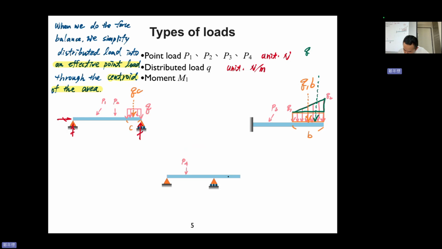So it should be Q2 minus Q1, times B divided by 2, at a distance of B over 3, right? Because the centroid of the triangle will be at B over 3.